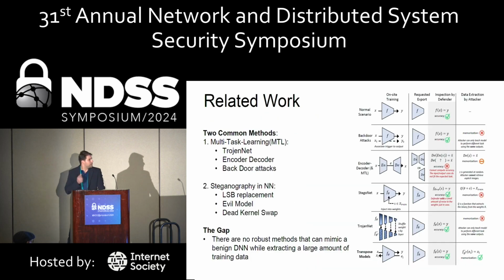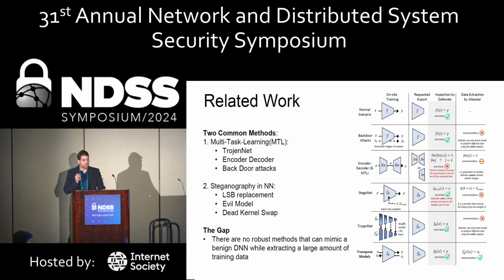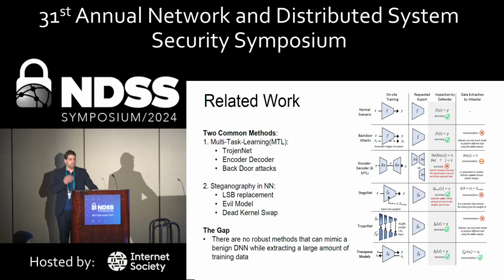Throughout our work, we've identified two common and two related topics to our research. The first one is multitask learning. In multitask learning, a deep learning model is trained for more than one task. For example, an encoder-decoder model with two decoder heads.